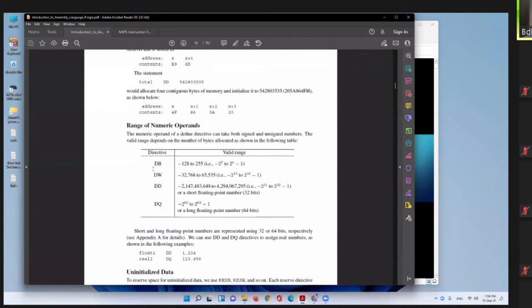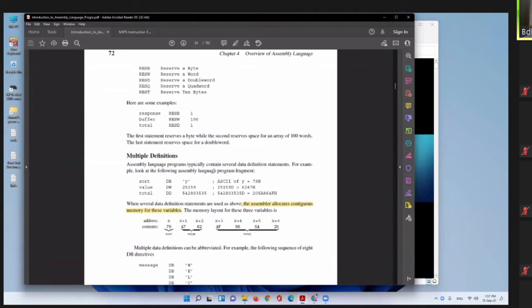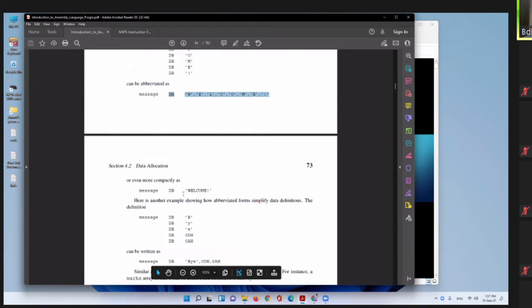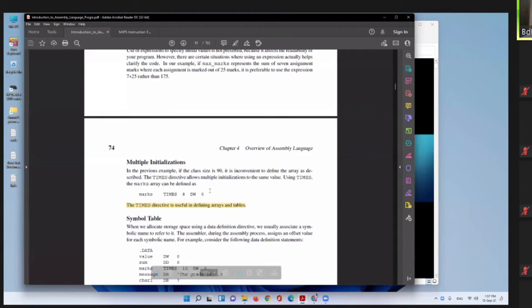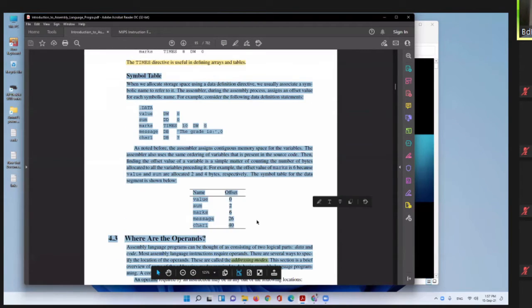We have discussed the range, some examples, and multiple definition, how we do multiple definition in several ways. We have discussed the array, how we can define an array using times, a very important one. We have also discussed, practiced and answered the symbol table several times. Make sure you know it very well.